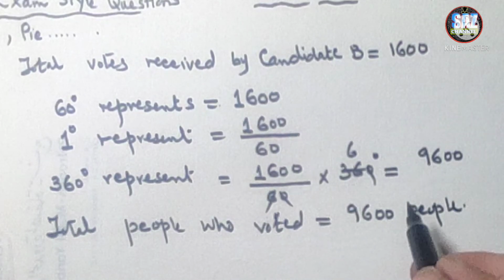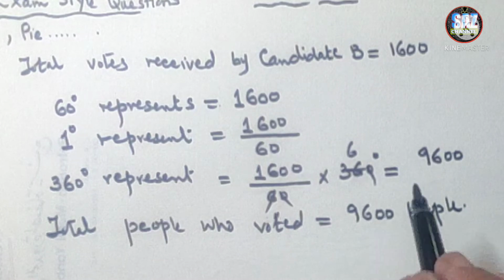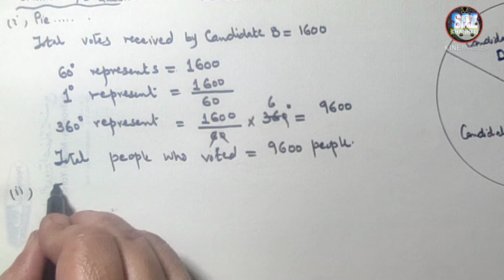Now we have the total people with us, 9600 people. I hope you are clear about this part. The second part says, what fraction of the vote did candidate D receive?